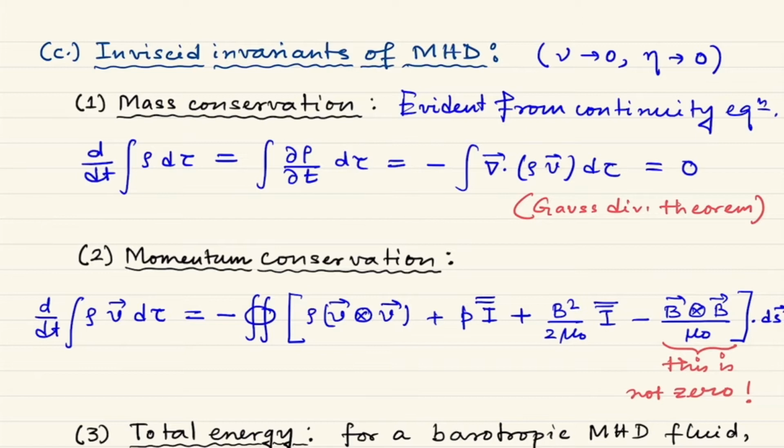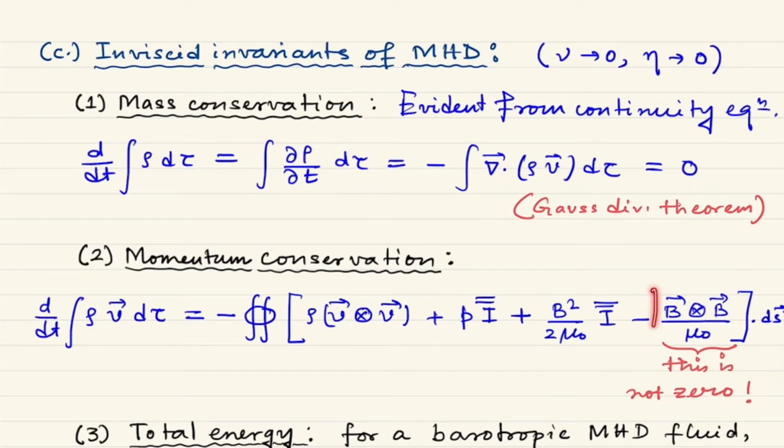Now the problem is that from this you can say that this one dot ds would be 0, this one will also be 0, this one will also be 0, but not this one. So the B tensor B dot ds is not necessarily equal to 0. I am not going into the very detail of this part, so you can see any standard book of magnetohydrodynamics where the problem is described.